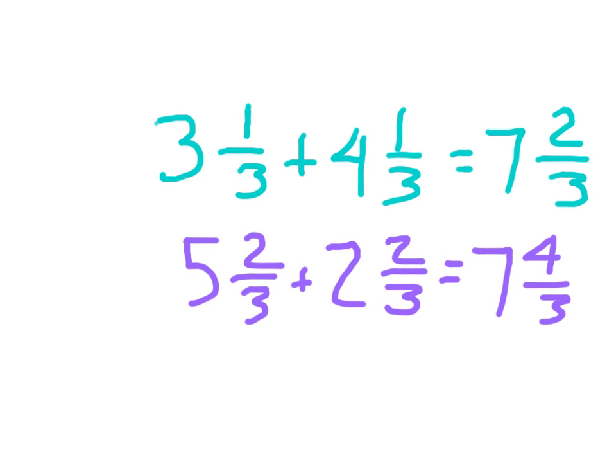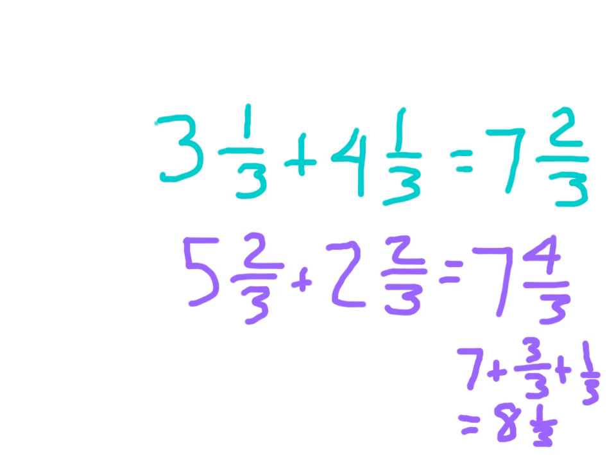Now I think that you would agree with me that 7 4/3 is just 7 put together with this 4/3, which is just 3/3 plus 1/3. 3/3 is 1 whole, so 7 and 1 more whole is 8 wholes, so we have that mixed number there of 8 1/3. 7 4/3 is equal to 8 1/3, and I've now added this with regrouping and a like denominator.